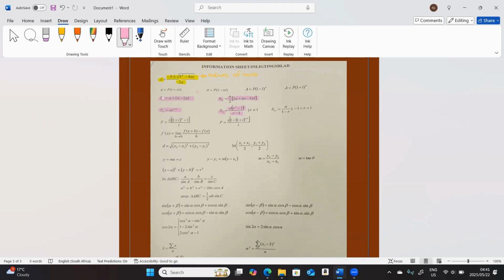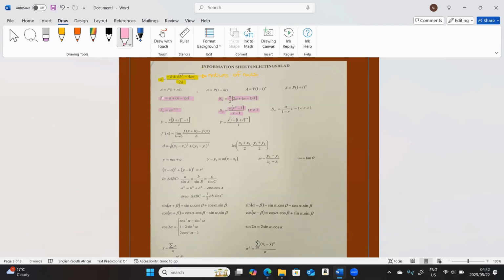Then obviously, guys, they say here r is not equal to 1. r cannot be equal to 1 because then we will be dividing by 0 in this fraction, and we know that that is not possible. The other reason why is r is our constant ratio.